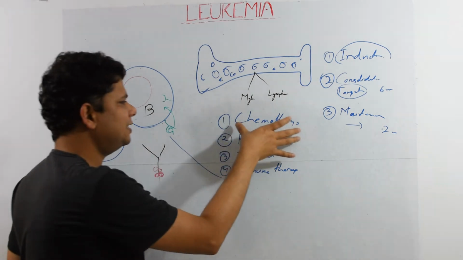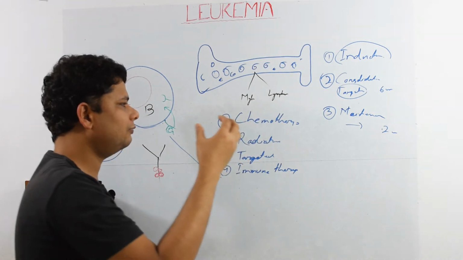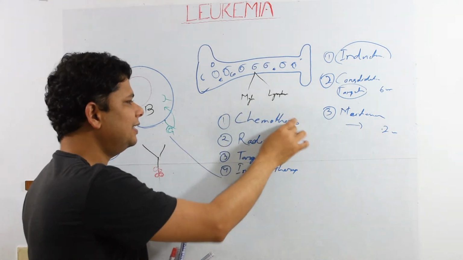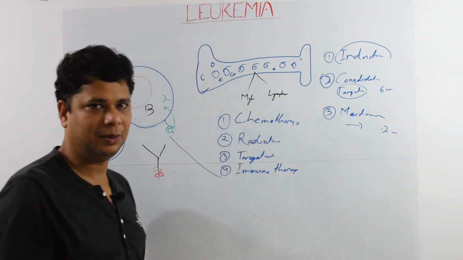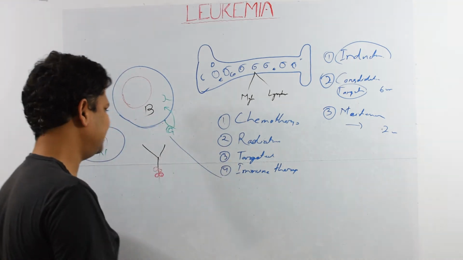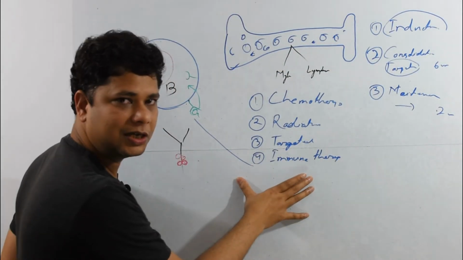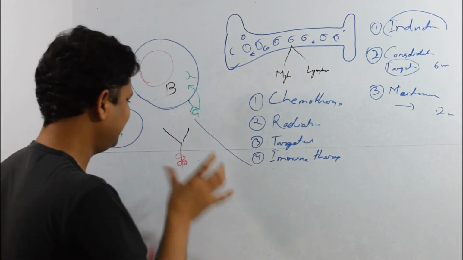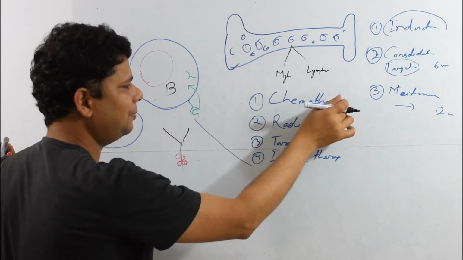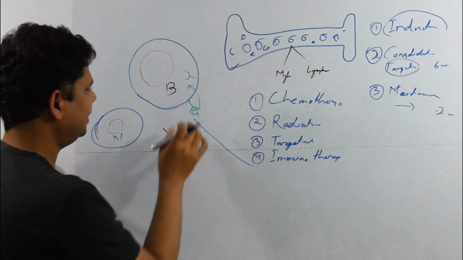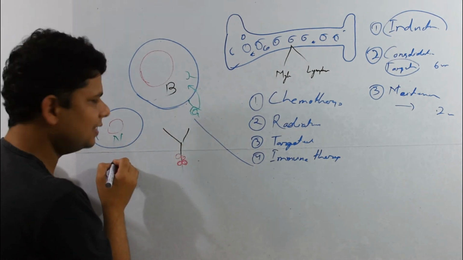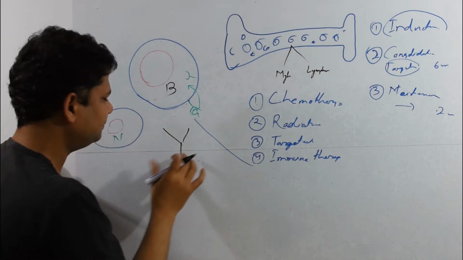In chemotherapy, this is not targeted. They inject some chemotherapy drug into the patient, and it acts all over the body, on all the cells, whether normal or leukemic. But in antibody-drug conjugation or immunotherapy, we conjugate these antibodies with a chemotherapy drug, and because the targeted receptors are not present in normal cells, they are not affected.